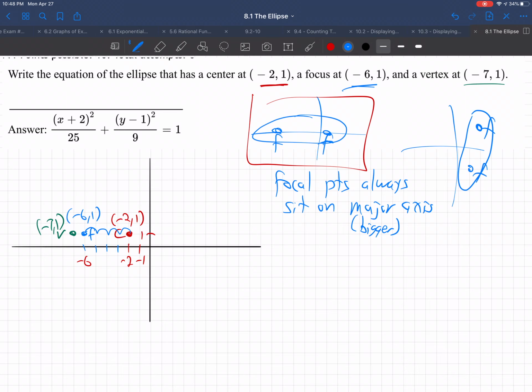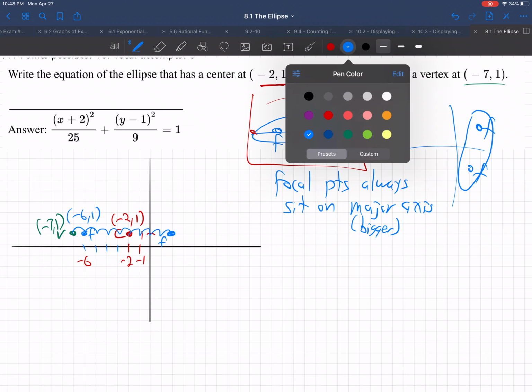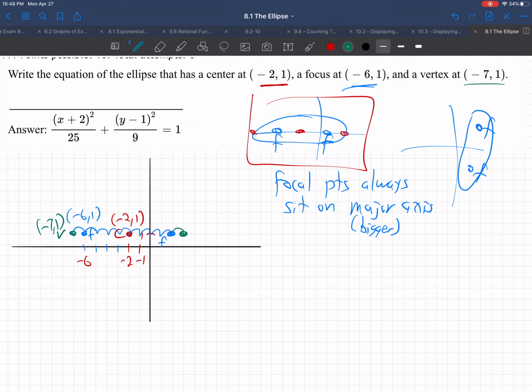They always have the center right in the middle of the two focus points, and right in the middle of the two edge points. So I'm going to go 4 the other direction. 1, 2, 3, 4. There's the other focal point. And then one more beyond that has got to be the other vertex, doesn't it? Because everything's symmetric here.